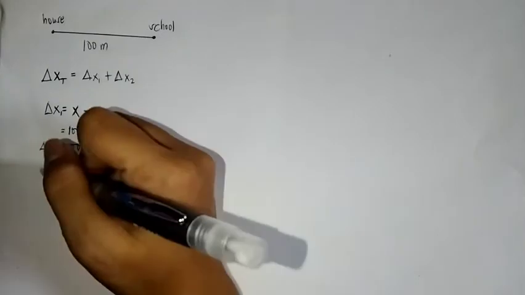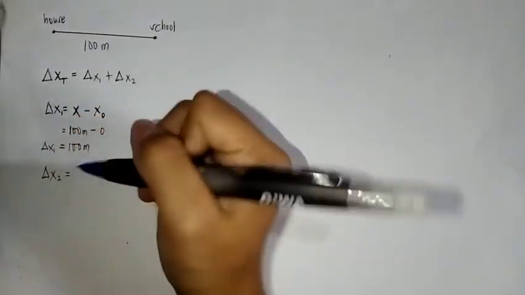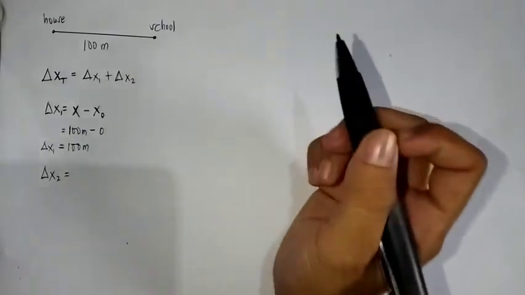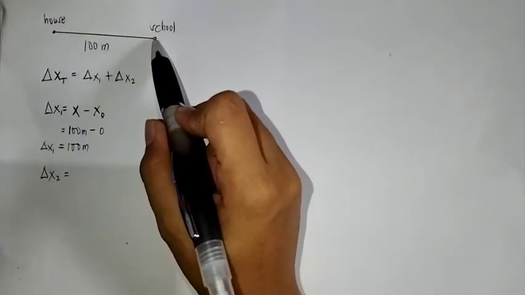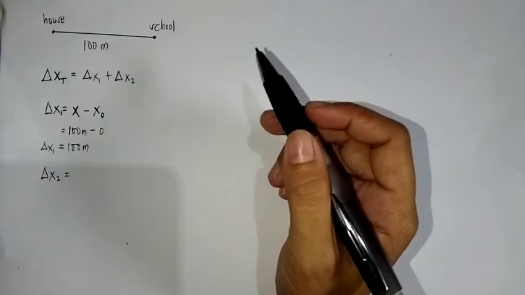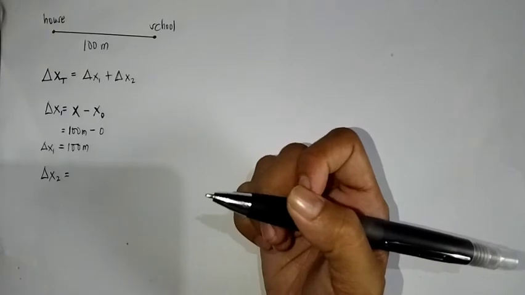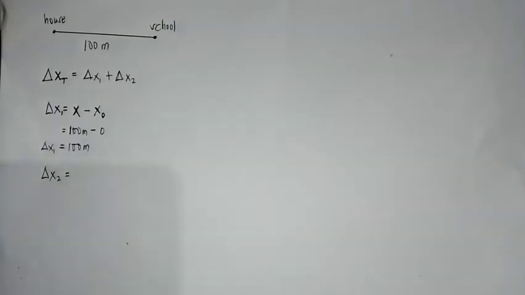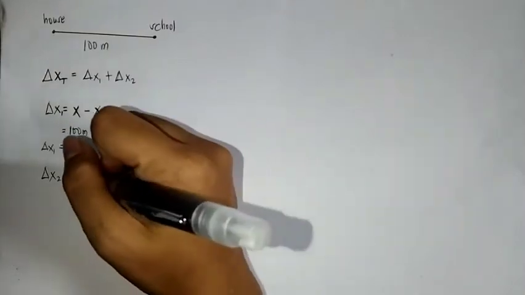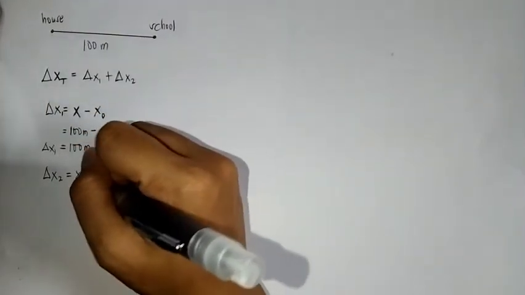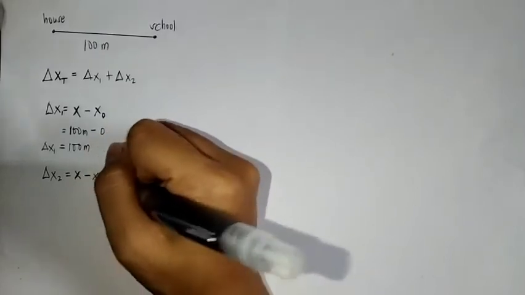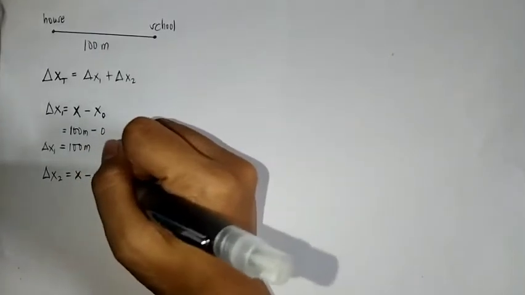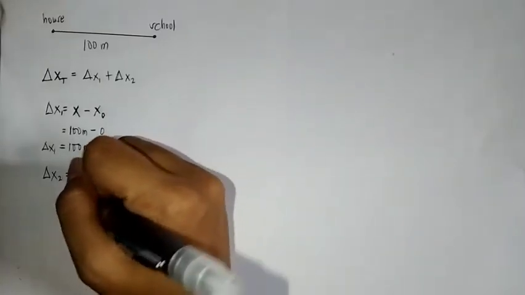And for delta x sub 2, this time the displacement is coming from the school going to the student's house. That means the sign for the value of the final position becomes negative since it is directed to the opposite direction. Same formula, x minus x sub 0, where x is the final position and x sub 0 is the initial position.